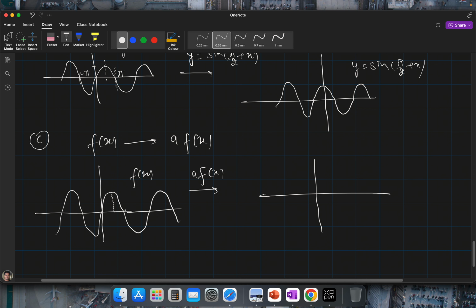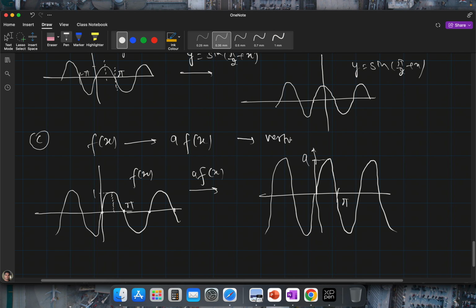All zeros will remain the same, but it will be stretched by a times in the vertical direction. Suppose initially it was 1, after using this transformation the vertical height will become a, but the zeros will remain the same. Suppose initially it was pi, then it will remain pi. So this is nothing but the vertical stretch.